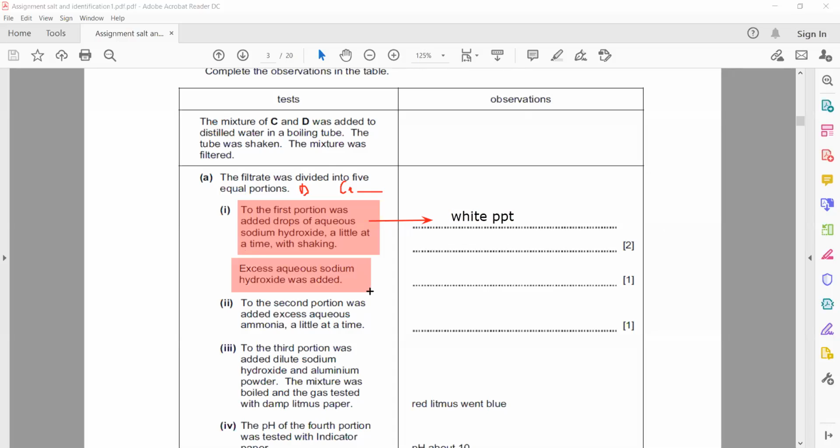If you add an excess of sodium hydroxide, what is the observation? The precipitate does not dissolve. You cannot say no observation, you can say no visible change, because the precipitate is still there. Precipitate does not dissolve.